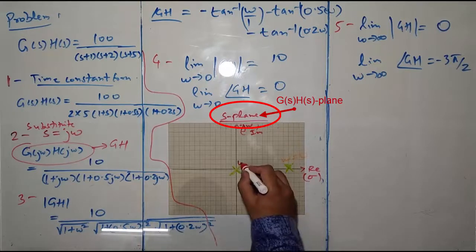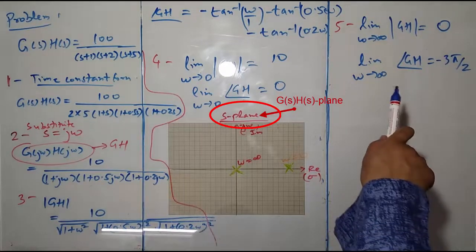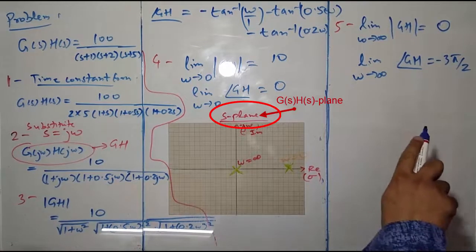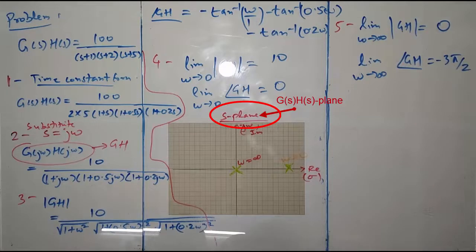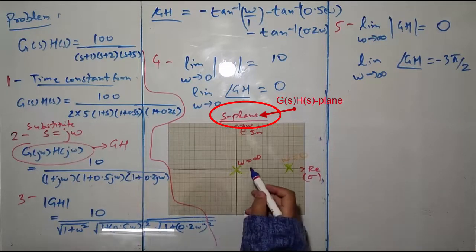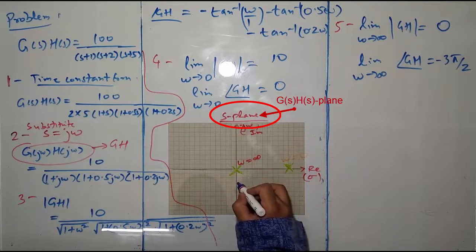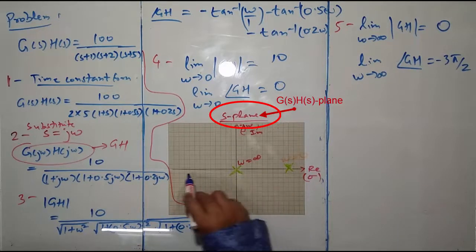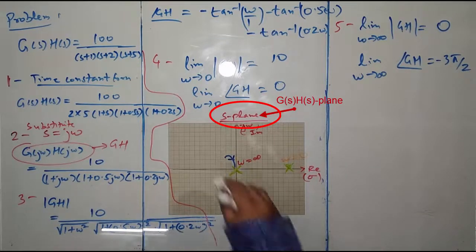This point corresponds to omega equal to infinity. As I told you previously, the magnitude is 0 and the angle is minus 3 pi by 2, and this angle tells us the curve will approach this point through the minus 3 pi by 2 axis. So if this is minus pi by 2, this is minus pi, this will be minus 3 pi by 2. So the point will be approached through the minus 3 pi by 2 axis.